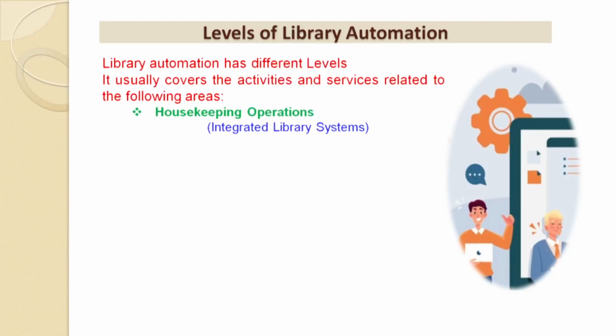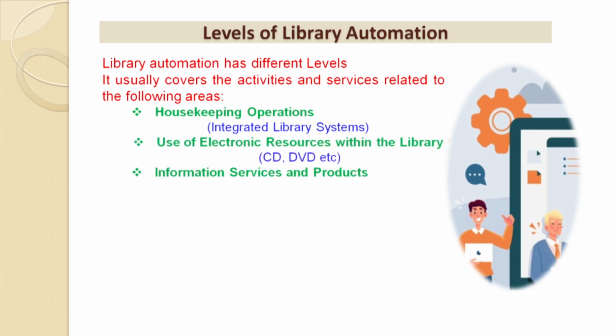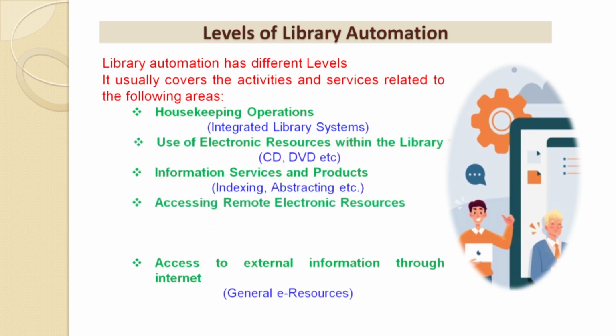Now, there are different levels of library automation. As I told you, there are different types of libraries, and in any library you take, there are many levels of library automation. It is not only related to housekeeping operations; many other activities can be performed using library automation procedures, such as housekeeping operations, where we talk about the integrated library system, and the use of electronic resources.